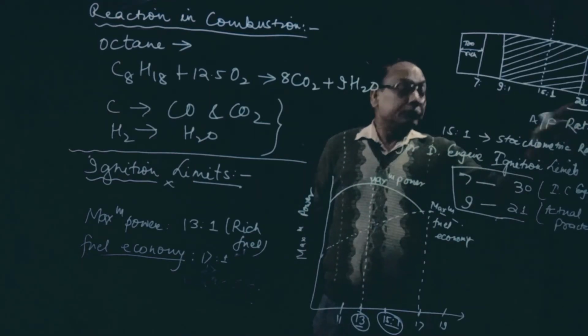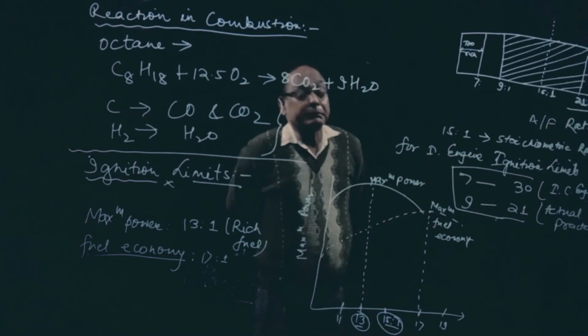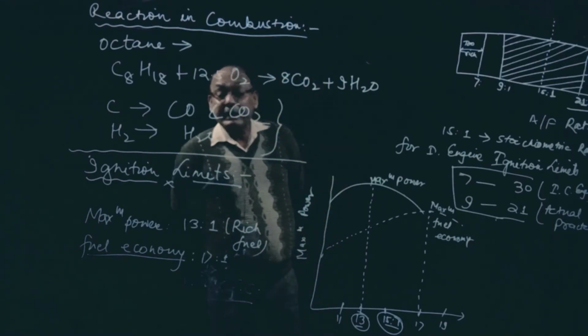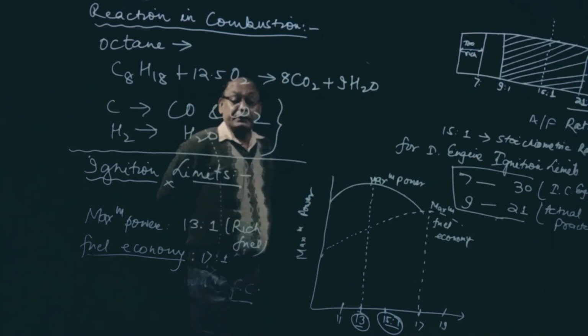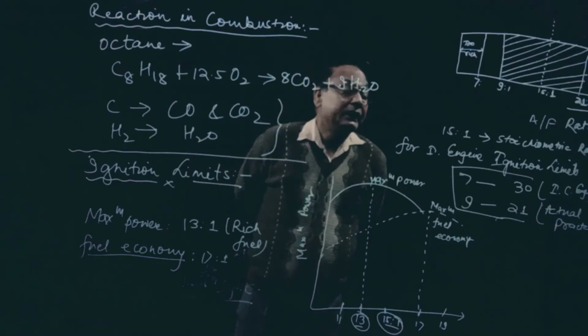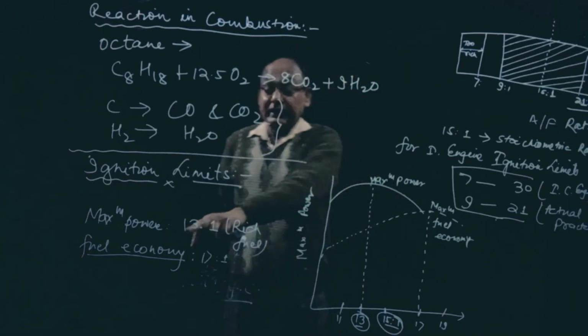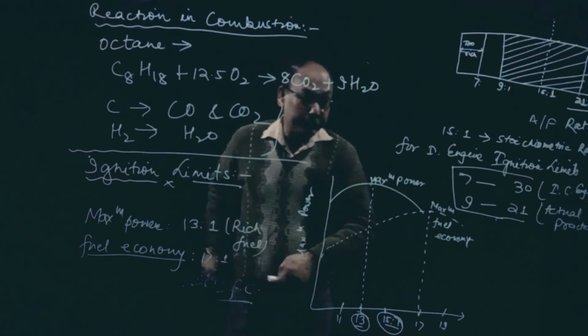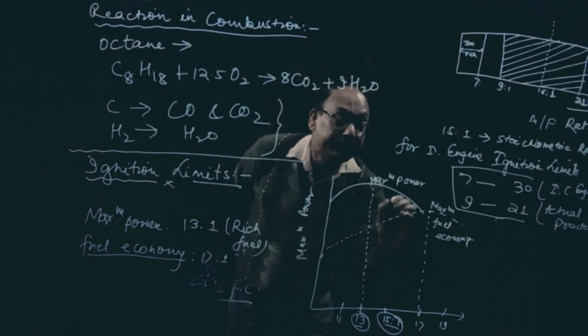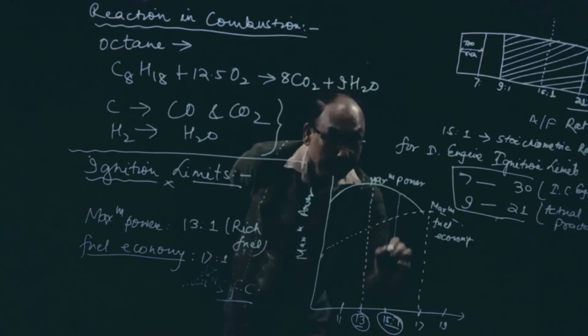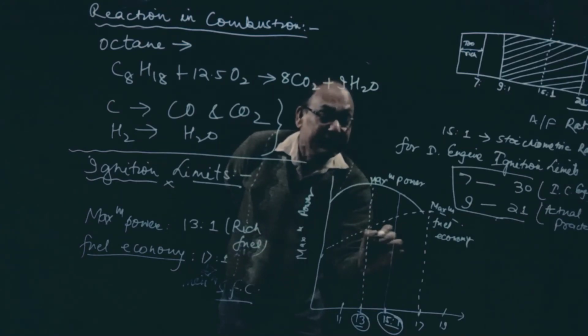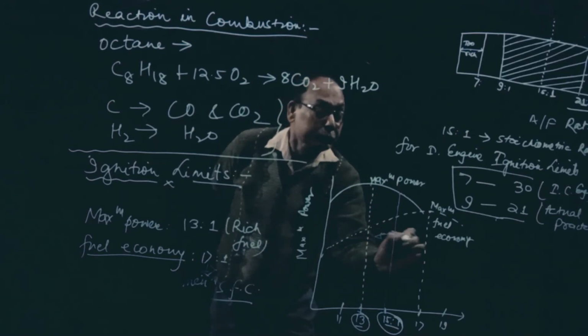Actual is 9:21. Maximum power will be achieved when the fuel is a little bit rich, 13:1. If you go to the left side of the chemically correct 15:1, it is called rich fuel, and this side is called weak fuel.